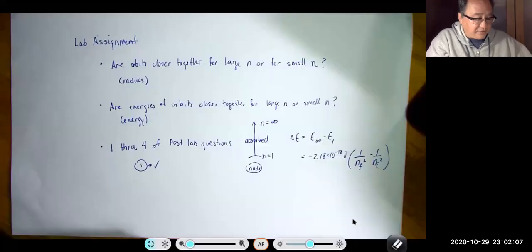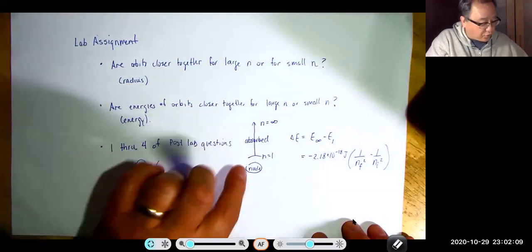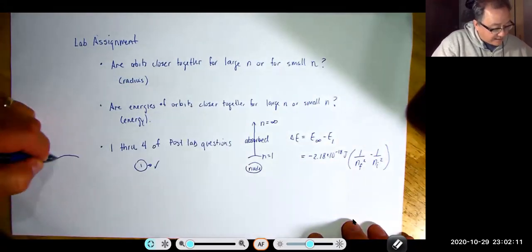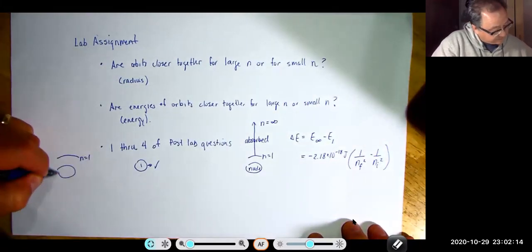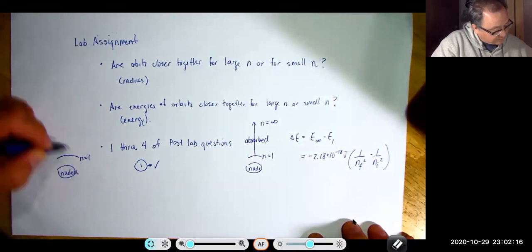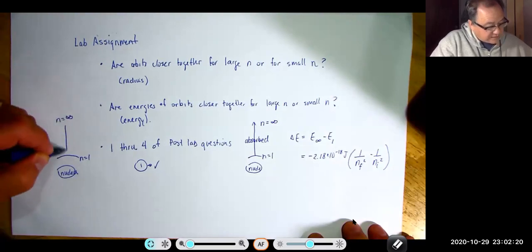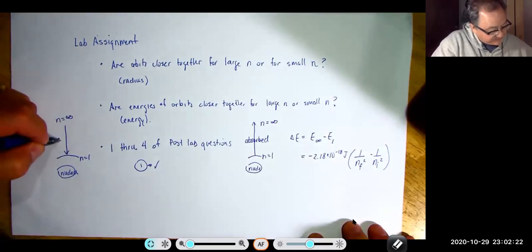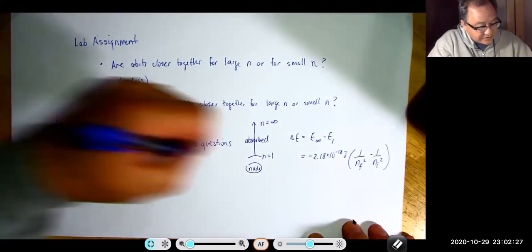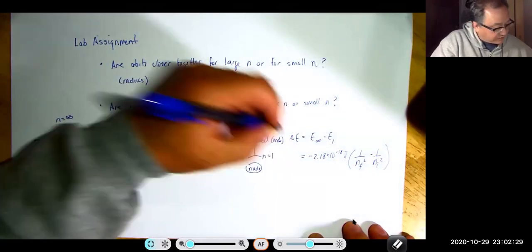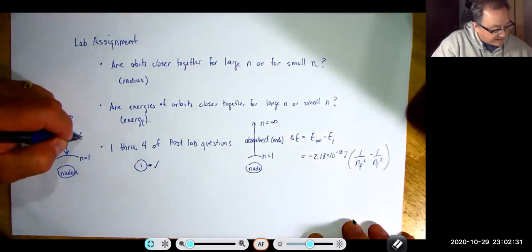So here, if we take a look at this, this is energy absorbed. If we had the opposite, this would be released. So this is exothermic and this is endothermic. So when we say released, we also say emitted.